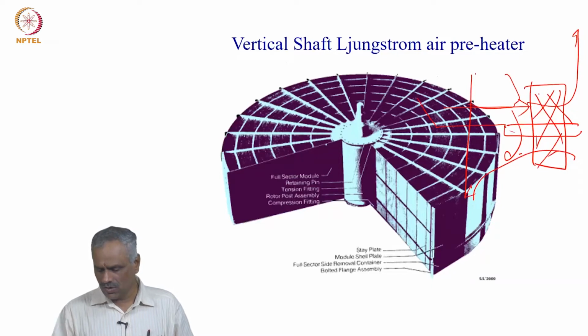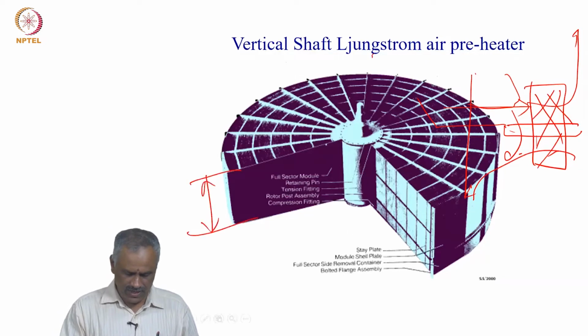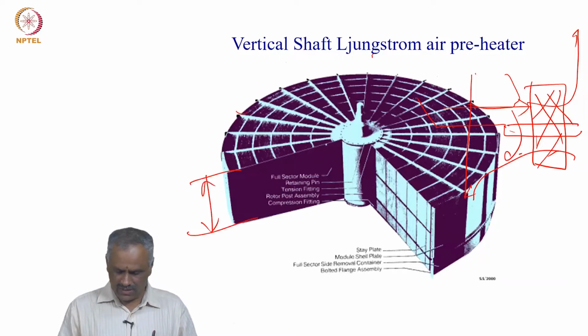So, therefore, one half cycle. If you look at the cross section, this is the cross section shown and this is the thickness of the wheel, the desiccant wheel. If you see, half of this is heated and the other half is cooled by the air.